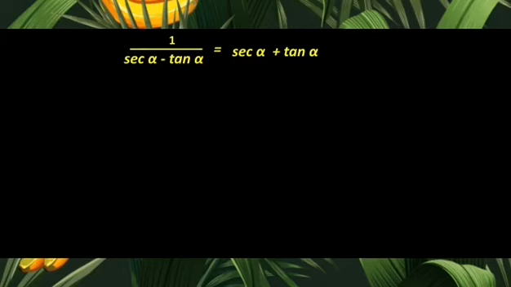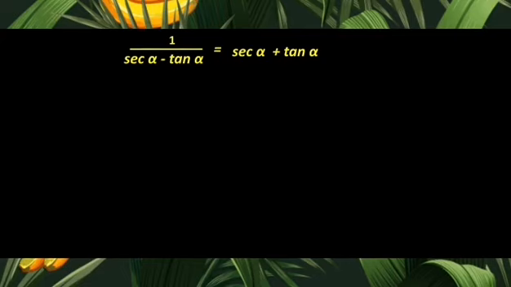The next question: observe the LHS and RHS both. In the LHS we have 1 upon sec alpha minus tan alpha, and in the RHS sec alpha plus tan alpha. If you observe these two terms, you will come to know that they are conjugates of each other. We have sec alpha minus tan alpha and sec alpha plus tan alpha, with the same terms and opposite signs.